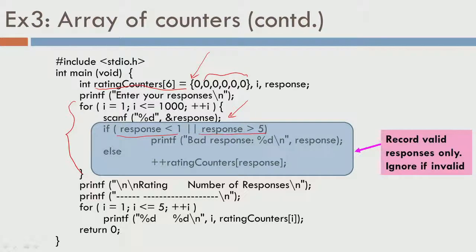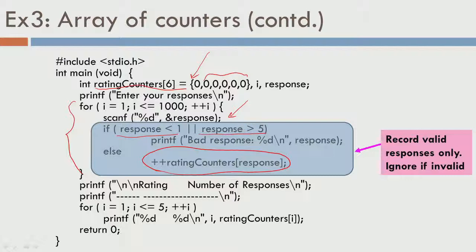So, we will record only valid responses, and if it is a valid response, we are going to increment the corresponding counter. Remember there are 5 counters, rating_counters[1] to rating_counters[5], and based on the response you index that particular counter and increment it.